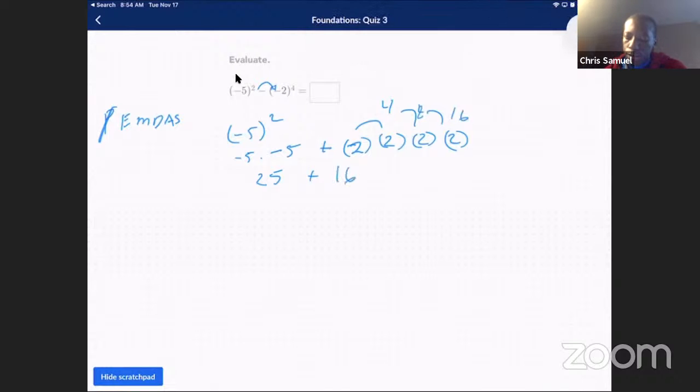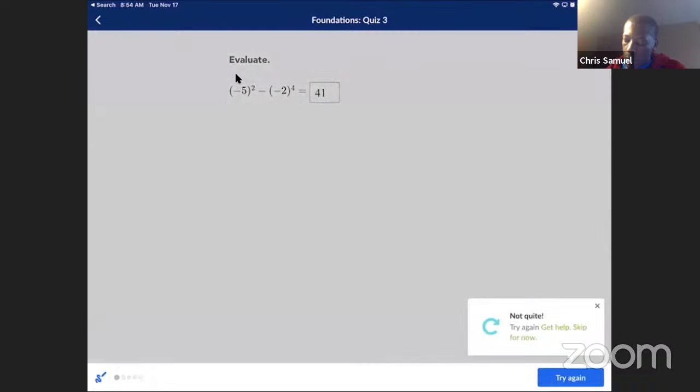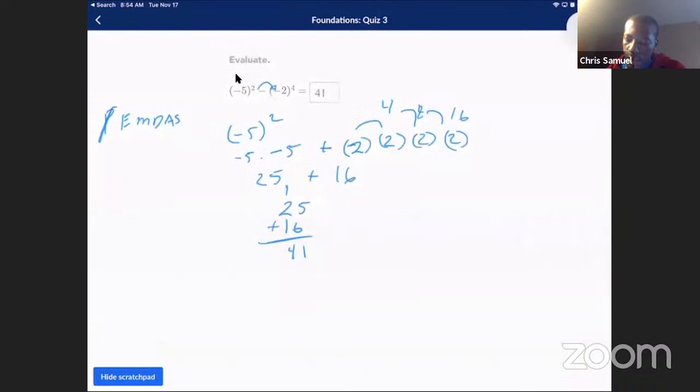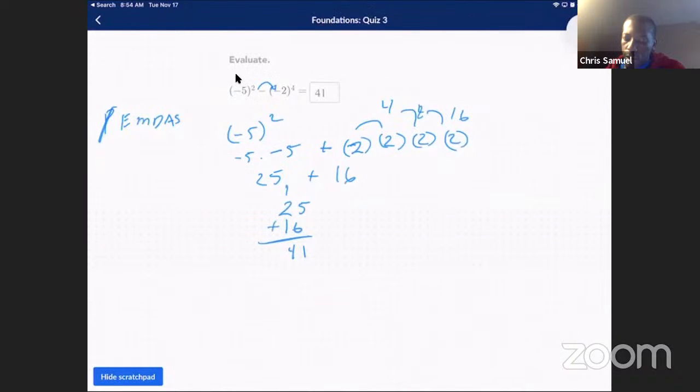Now you have 25 and 16. And it's 41. So when we start evaluating this function, it ended up becoming 41. No. All right. Then I did something wrong.